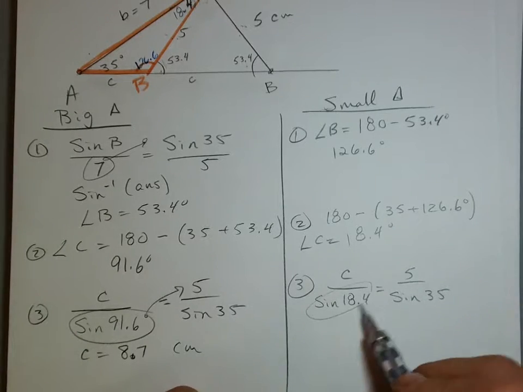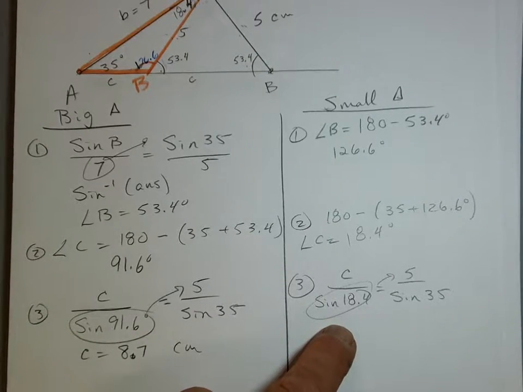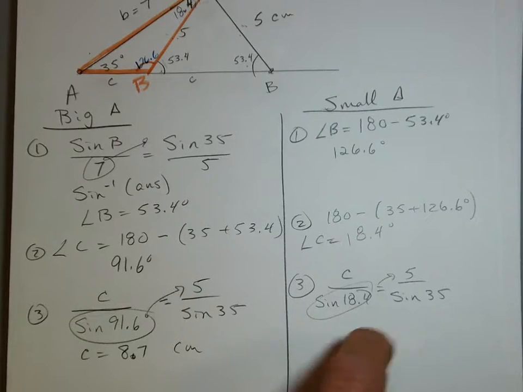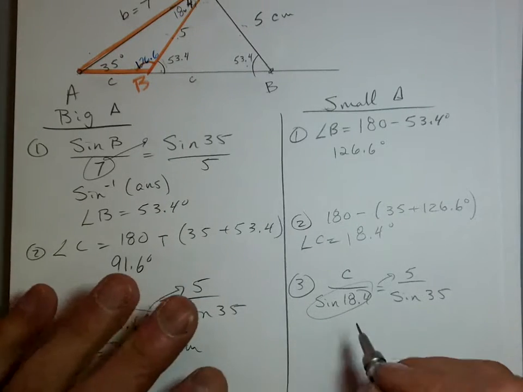Okay, multiply that up. 5 times the sine of 18.4 divided by sine of 35, and I get an answer of about 2.75.